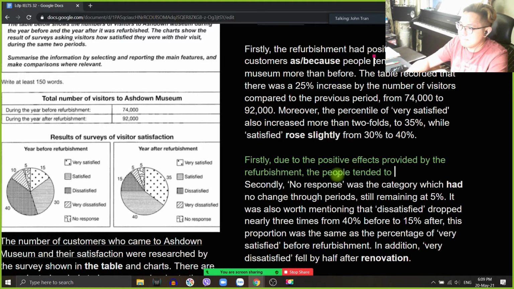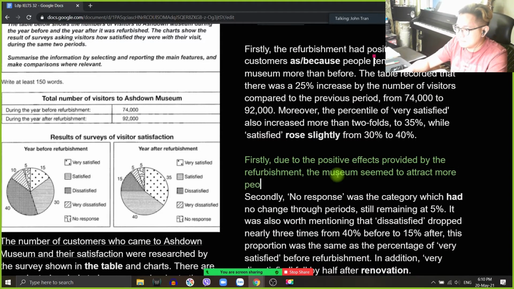You can just say the museum seemed to attract more people than before. Instead of saying people tended to visit the museum more than before, you can just say the museum seemed to attract more people than before. It has the same meaning, but it sounds a bit, how can I say, stylish.